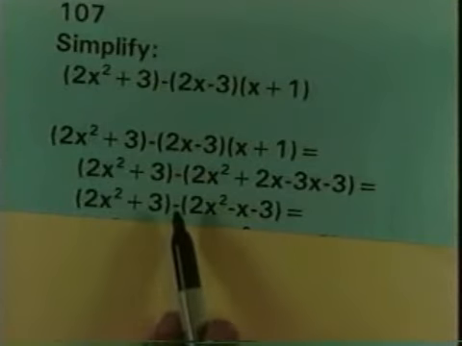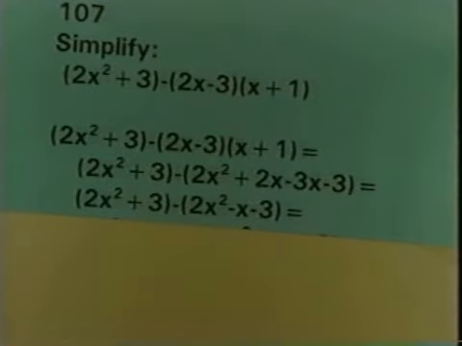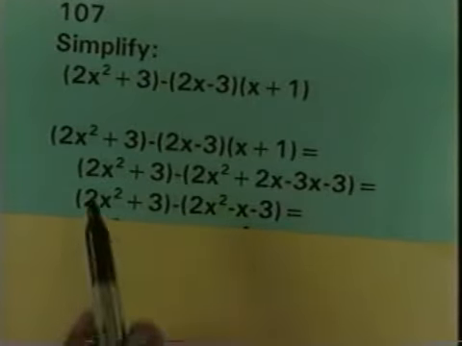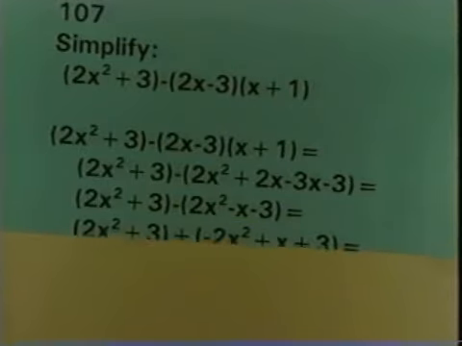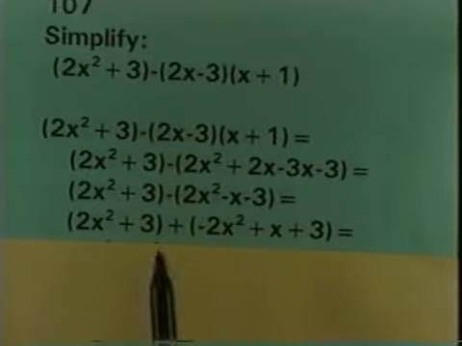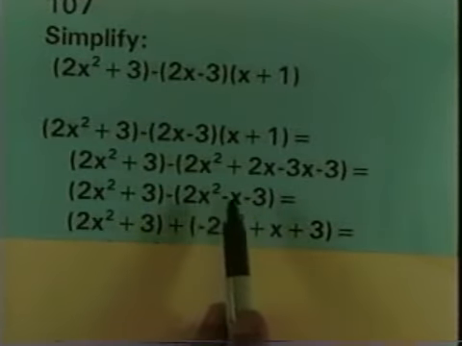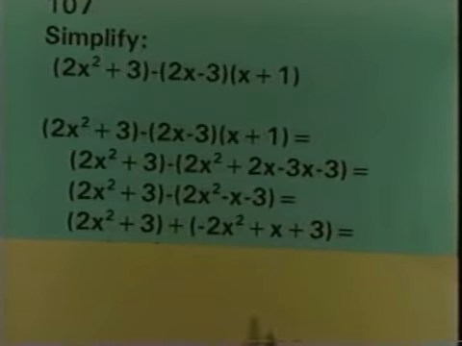Now I'm ready to do the subtraction. To subtract polynomials, you add the opposite of the polynomial being subtracted. So I write the 2x squared plus 3, and then I add the opposite of the polynomial being subtracted. To take the opposite of the polynomial being subtracted, I take the opposite of all terms of the polynomial.